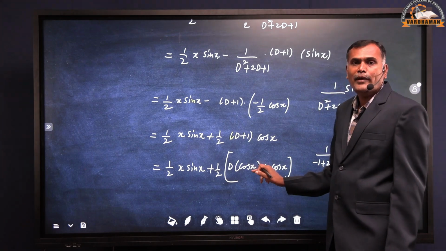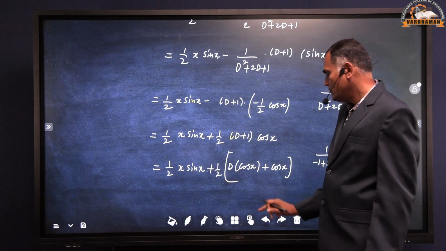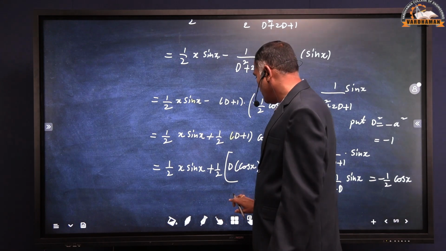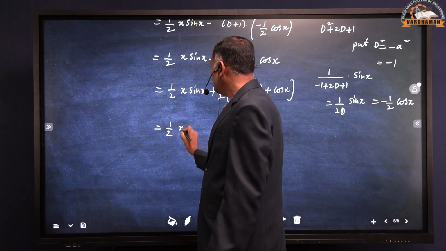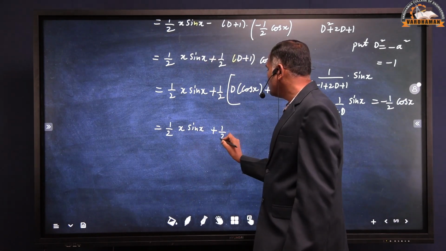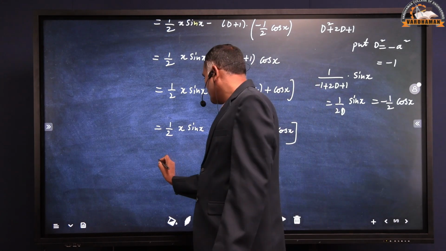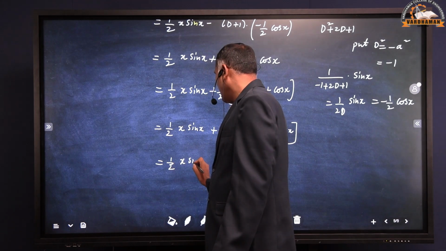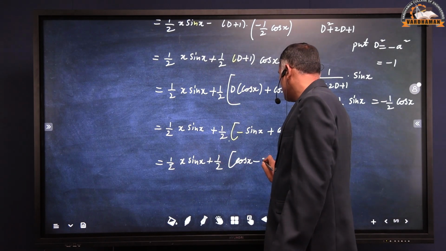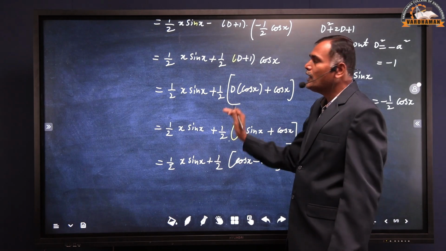D means derivative, derivative of cos x is minus sin x. Let us write that here. Finally we get 1 by 2 x sin x plus 1 by 2 minus sin x plus cos x. Now this is the PI of the given problem: 1 by 2 times x sin x plus 1 by 2 cos x minus sin x.